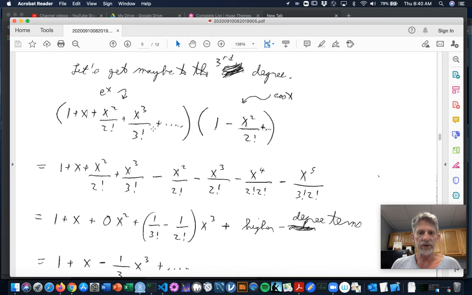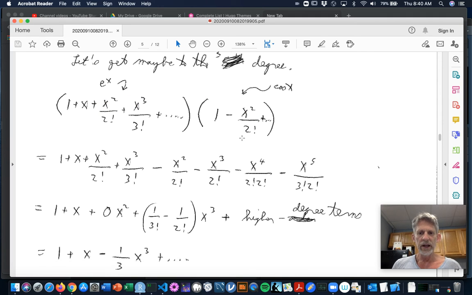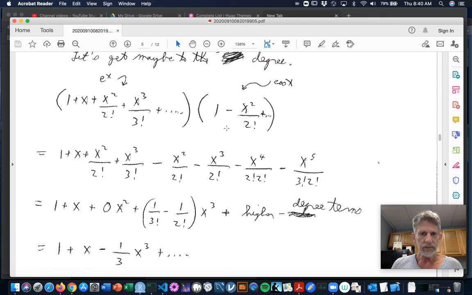And then I'll just multiply this times this, okay? So I would have 1 times all this, that's here. And then I would have a minus x squared over 2 factorial times all this, and that's here. And there, of course, would be higher degree terms past this. I just haven't written any of them down, okay?